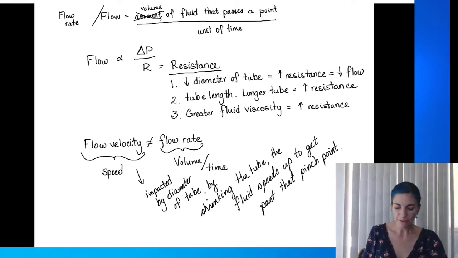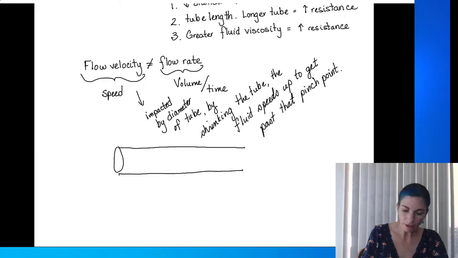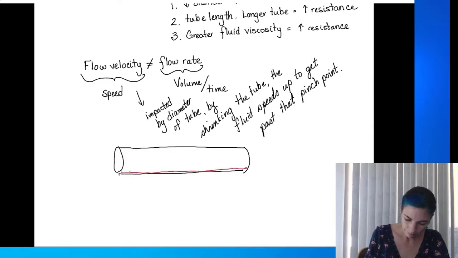Okay, so just very, very briefly, if I have a tube and it's got a certain diameter to it, and so here's my wall, and now what I'm going to do is create a pinch point.